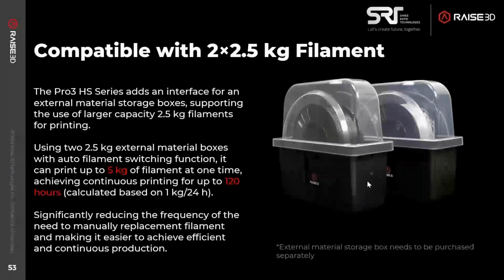And it is also compatible with the two 2.5 kg filament boxes, where there's a dry box for A2 CF. Similarly, you have these filament boxes for Pro 3 HS. So you can pull up to 5 kg of filaments if you're utilizing the entire build volume of, say, Pro 3 HS Plus.